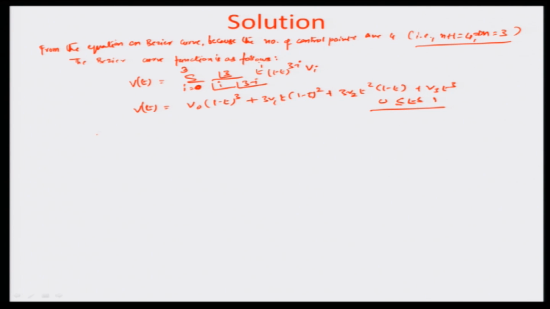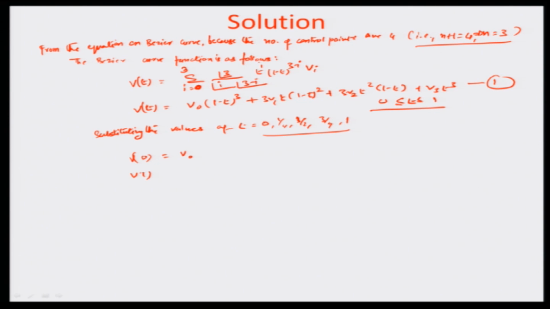Substituting the values now, corresponding to the different values of t: 0, 1/4, 1/2, 3/4 and 1. We simply have v0 obviously equal to the subscript v0. We are just solving this equation for the various values of t.